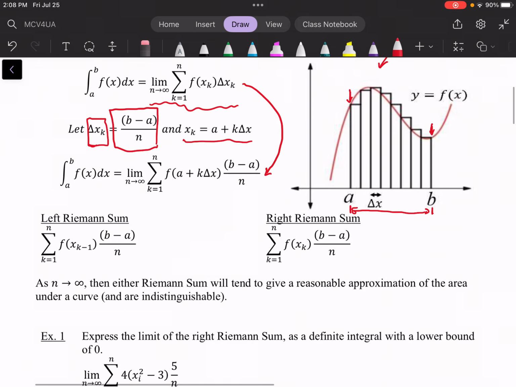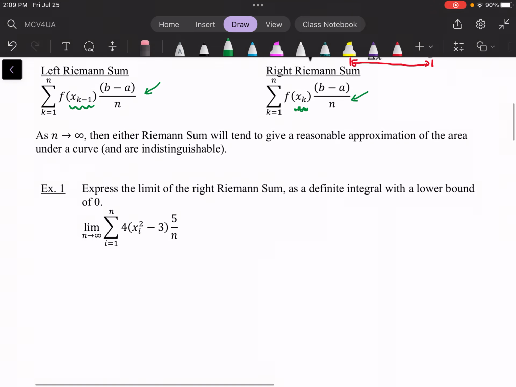And as already mentioned, a left Riemann sum has the value k minus 1, and a right Riemann sum has the value k as a subscript. That's the only difference between them. They don't use midpoint Riemann sums because there's no such thing as midpoint Riemann sums, and as n approaches infinity, these two approximations turn out to be identical and indistinguishable from each other.